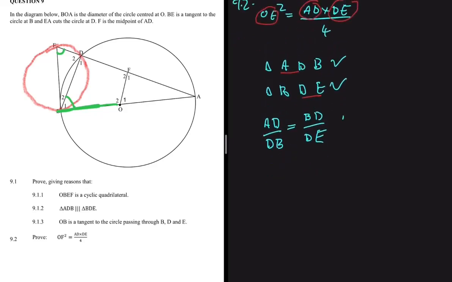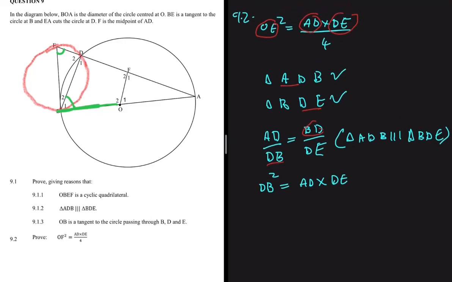And then we must state that we're saying that because we know fully well that triangle ADB is similar to triangle BDE, right? So now we can cross multiply, and then we can get DB squared is equal to AD multiplied by DE, because look here, DB is just BD, right? So we can just say DB squared is equal to AD multiplied by DE.